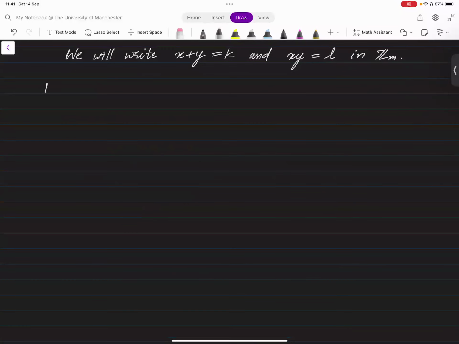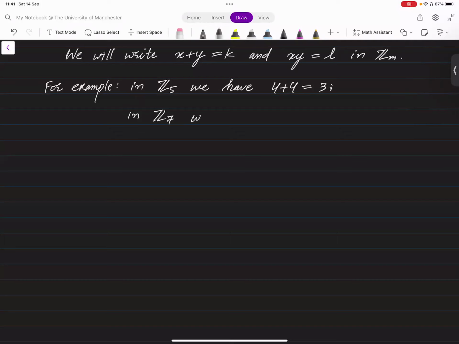So, for example, in Z5, we have 4 plus 4 is 3. And in Z7, we have 5 times 3 is 1.